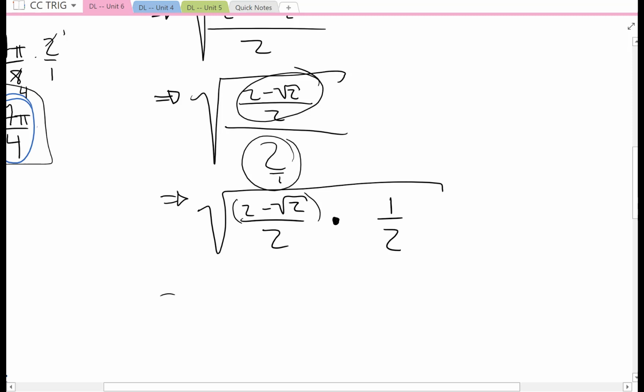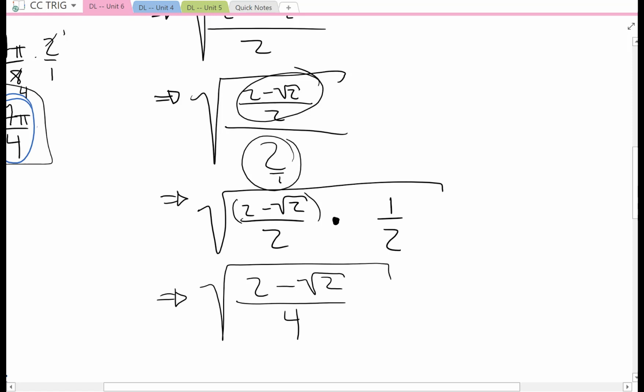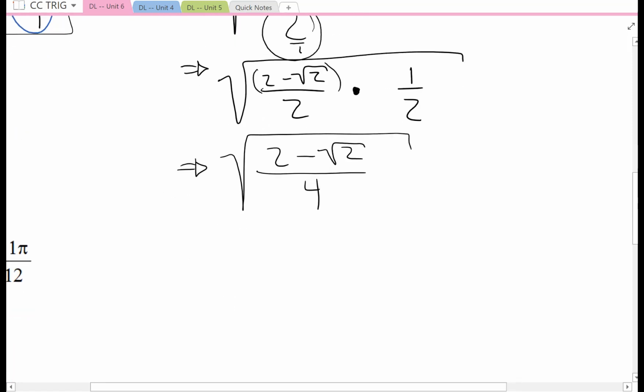When you multiply fractions, you multiply straight across. Numerator times numerator, denominator times denominator. 2 minus root 2 over 4. Still can't have a square root in the denominator, and this one dips down to the denominator, but fortunately we have a perfect square in the denominator.